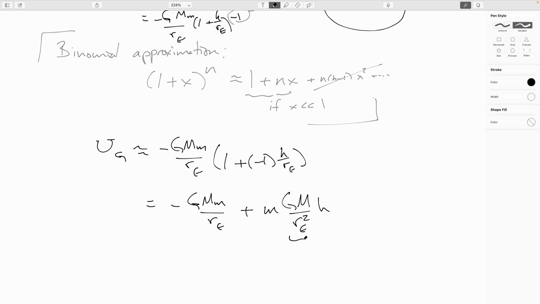Now this bit right here, I say, zounds, that's my little g again, and this is just some constant. So we have some constant plus mgh. And we're always free to redefine our potential energy to make that constant go away. And so we're left with just the mgh, which is what we had before when we were near the surface of the Earth.